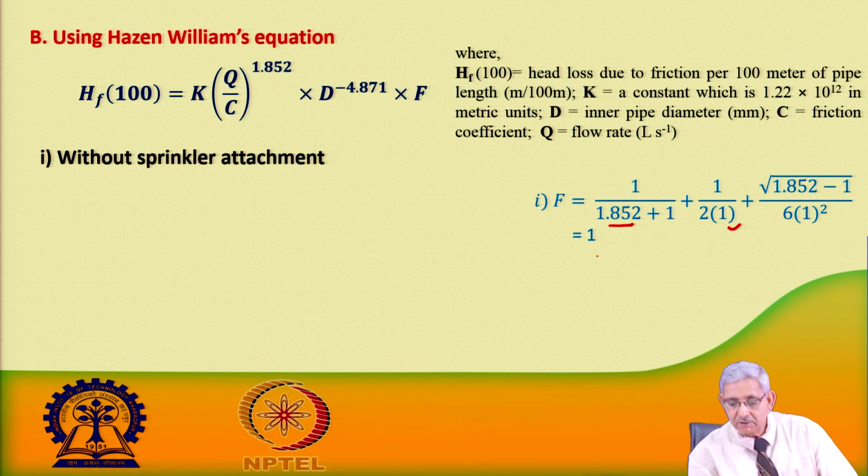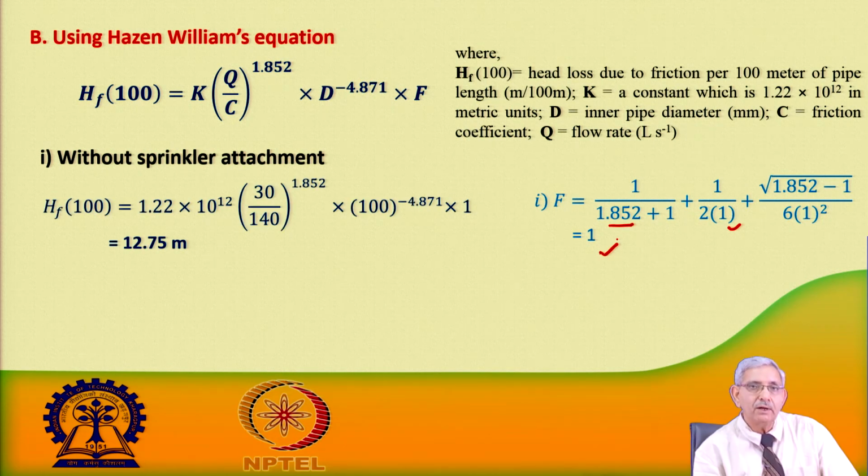So, we get the reduction factor F equal to 1. So, head loss for the 100 meter pipeline is given by 1.22 into 10 raised to power 12, and then Q is already known to us. So, we are substituting the value of Q, and then capital C, and D is known to us.